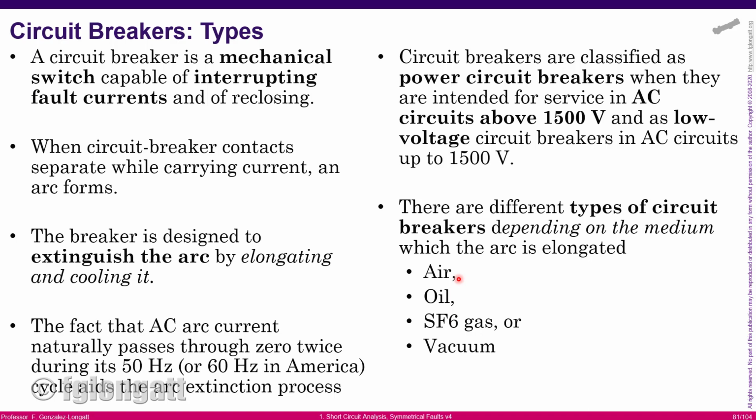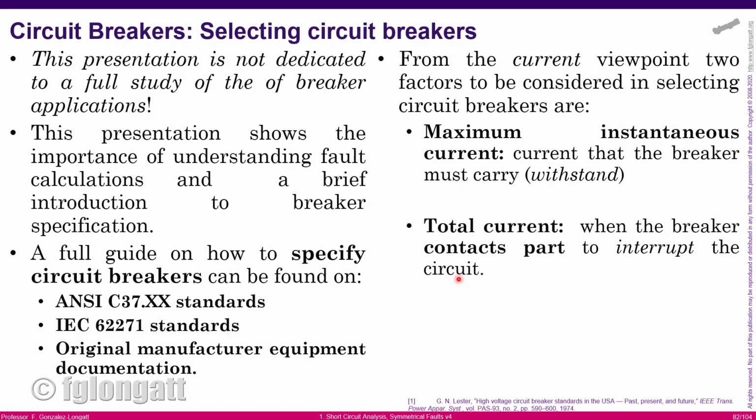Then we started to use very interesting chemical substances like SF6, that is a gas, and also, very old and sometimes still in use, the vacuum. However, I need you to understand there are different technologies for circuit breakers. Depending on the voltage level, the construction is different, and also depending on the mechanism used to cool down and extinguish the arc, there is a classification.